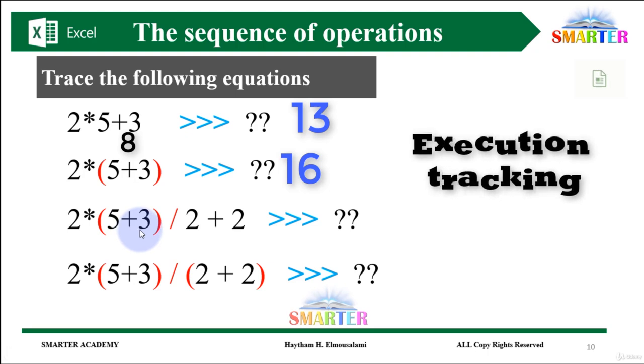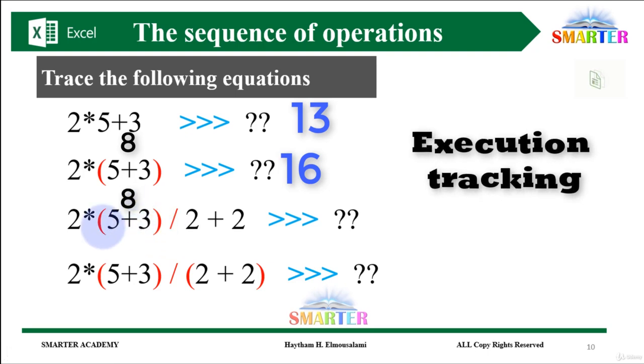The result is 8. Multiplied by 2, so the result is 16. Divided by 2, so the result will be 8. Added to 2, so the result will be 10.